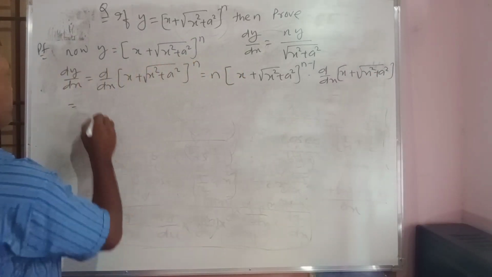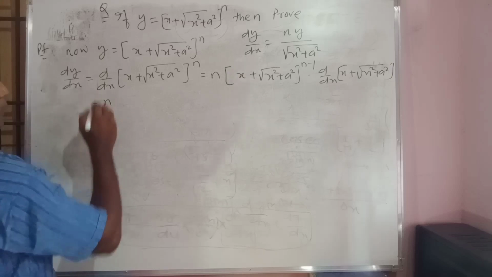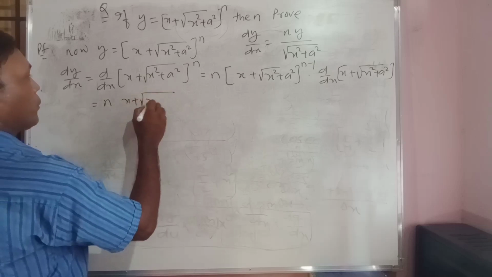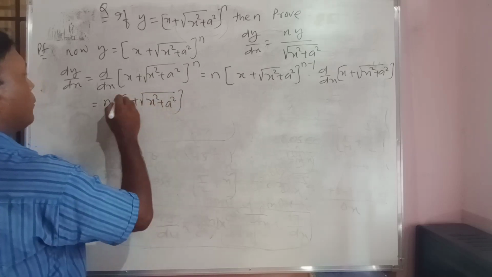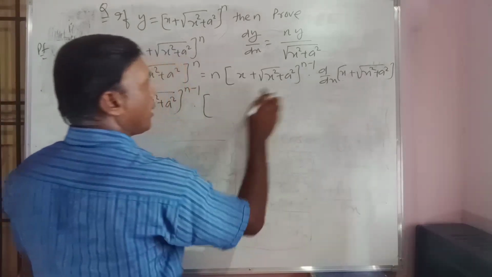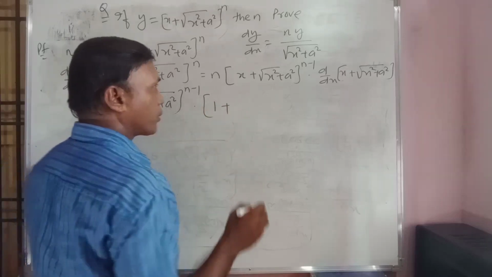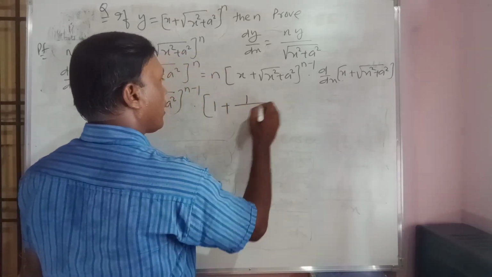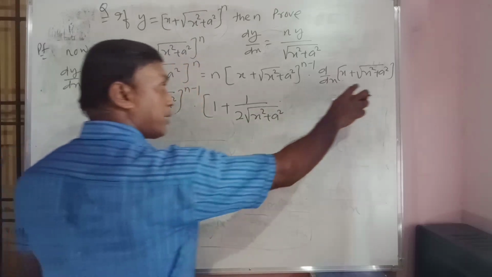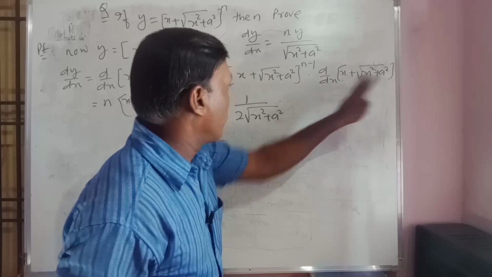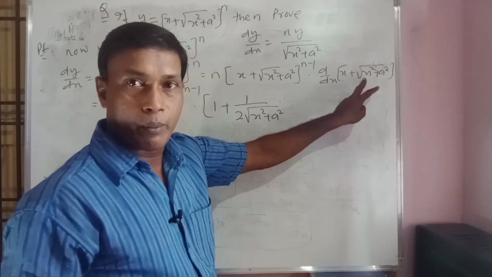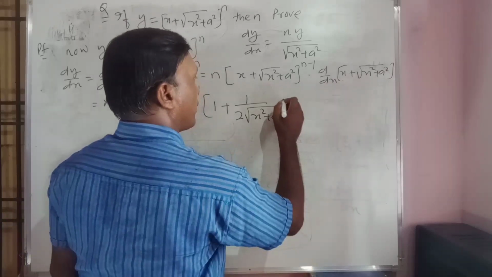Using the addition formula, the derivative of x is 1 plus, here for root x, 1 by 2 root x into the derivative of, look here, root x, but x is replaced by x square plus a square, so we have to multiply the derivative of x square plus a square, and the derivative of x square is 2x and the derivative of a square is 0.